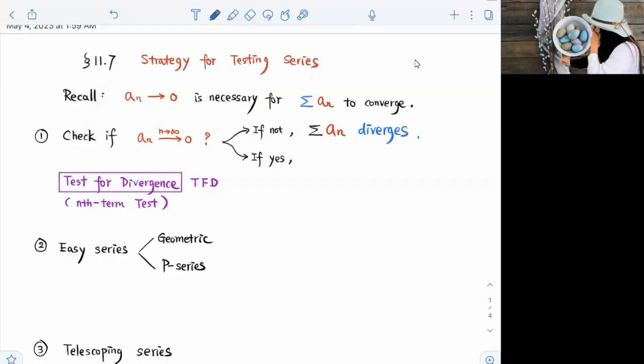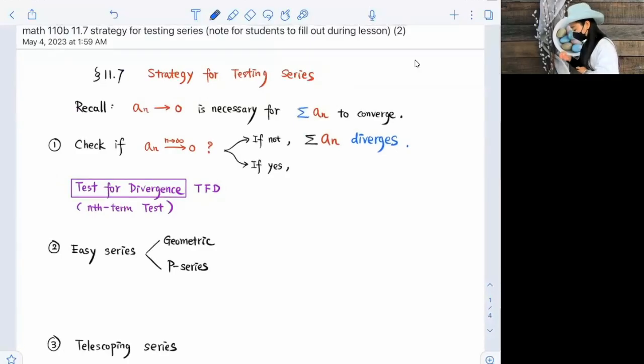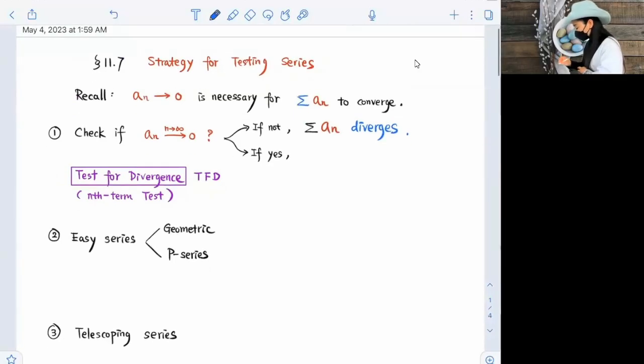If the nth term doesn't go to 0, the series diverges. That makes sense, because if it doesn't go to 0 and you keep adding, as the chain goes on the sum is going to change significantly.